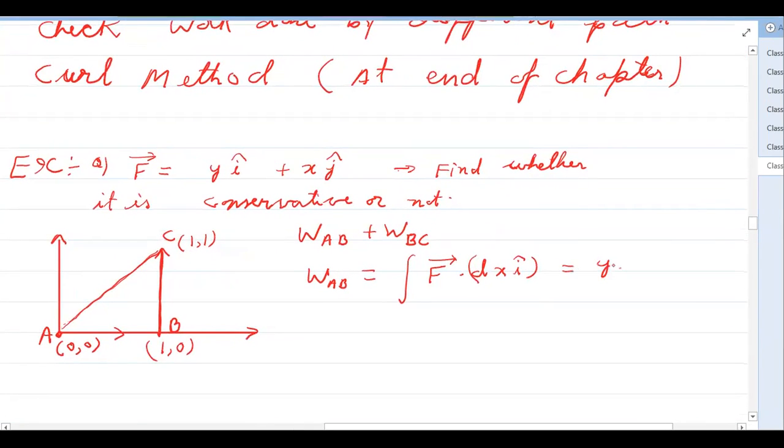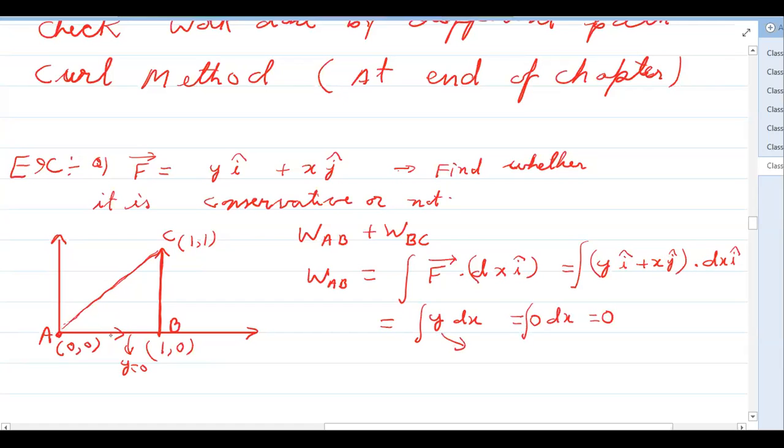F is y i cap plus x j cap, dot dx i cap. If you integrate it, the j cap part will vanish, and only y dx remains. The value of y at AB is 0, so we get 0.